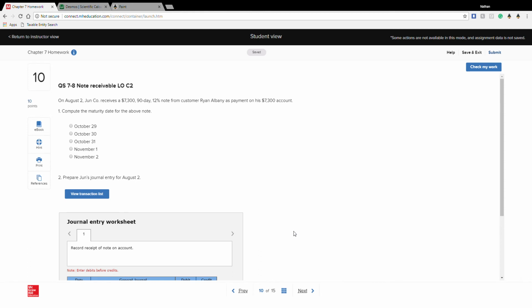Oh, he paid the account with the note. Okay, fun stuff. Compute the maturity date for the above note. Alright, so since it's a 90-day note, of course we can go August to September, October, November, and your automatic claim will be November 2nd.